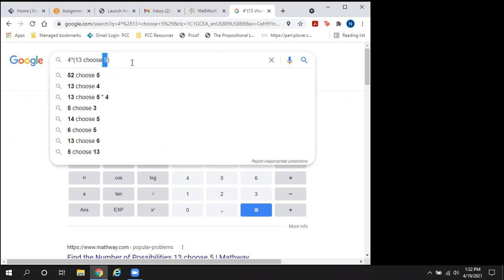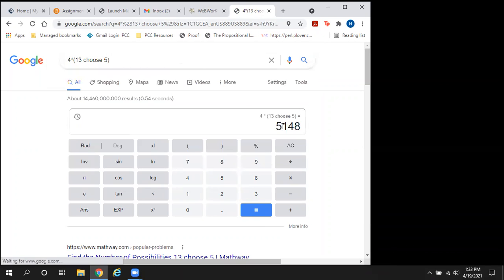So choose is how many ways you can make something out of something. In this case, how many ways can you make 5 out of 13 choices, right? Choices, right? That's why choose, yeah? So, right, 13 choices, and you're actually choosing 5 of them. Questions?